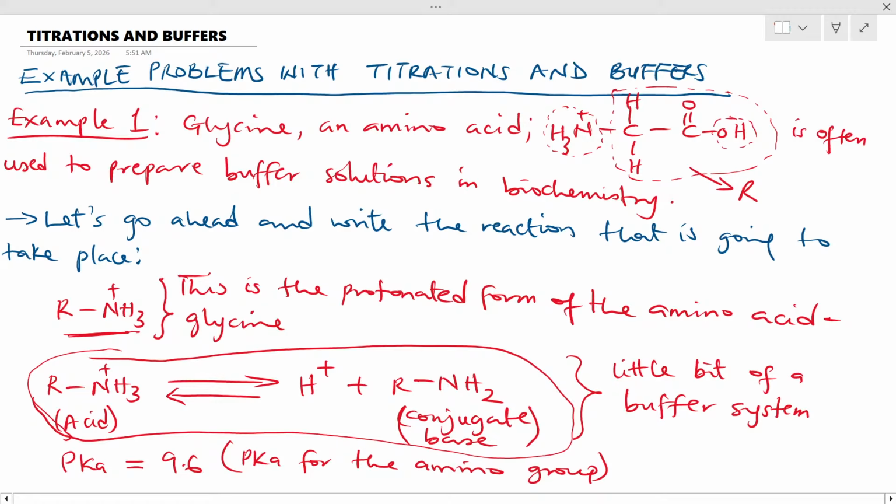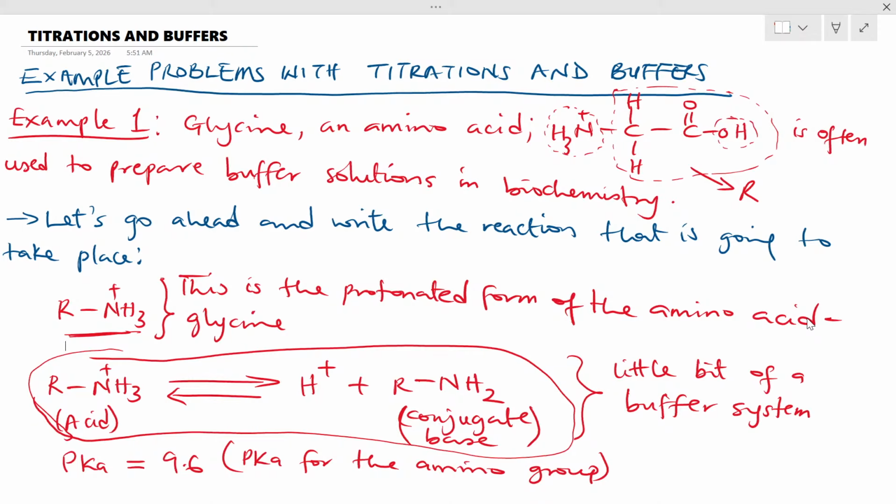Okay, from the amino acid glycine, it will give you the proton. One proton will be given up to form what? A conjugate base. So that is key. So at the end of the day, we'll have a little bit of a what? Buffer system. Why? Because we have a little of the acid here and a little of the conjugate base.